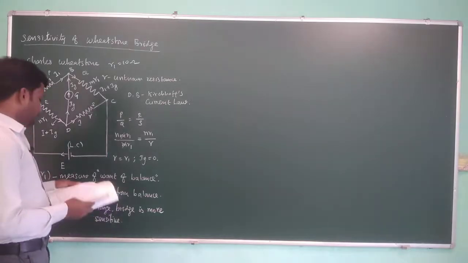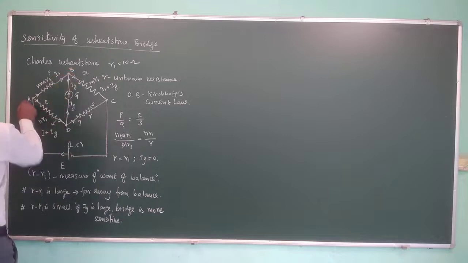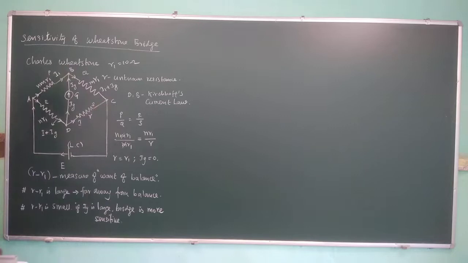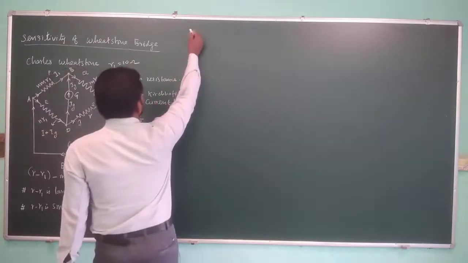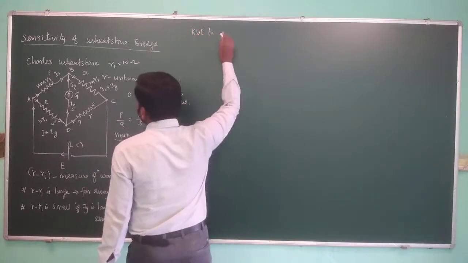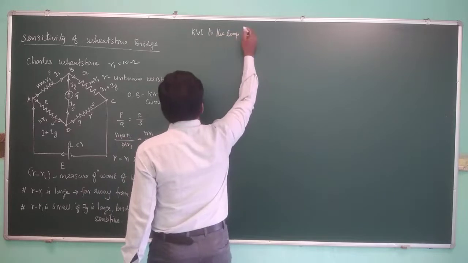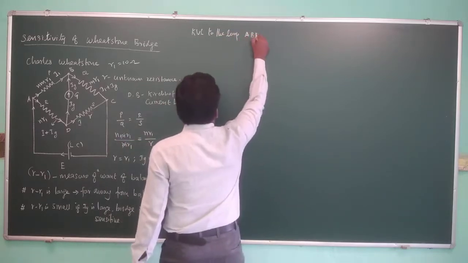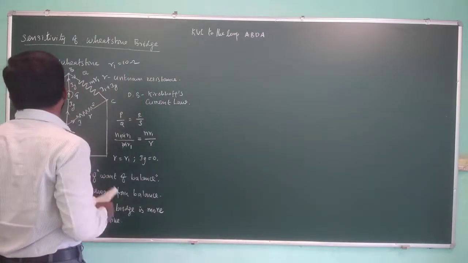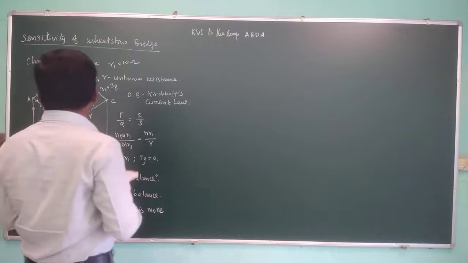Now, applying Kirchhoff's voltage law to the loops A, B, D, A and B, C, D, B, we will obtain two equations. First, Kirchhoff's voltage law to the loop A, B, D, A. What will it give you?